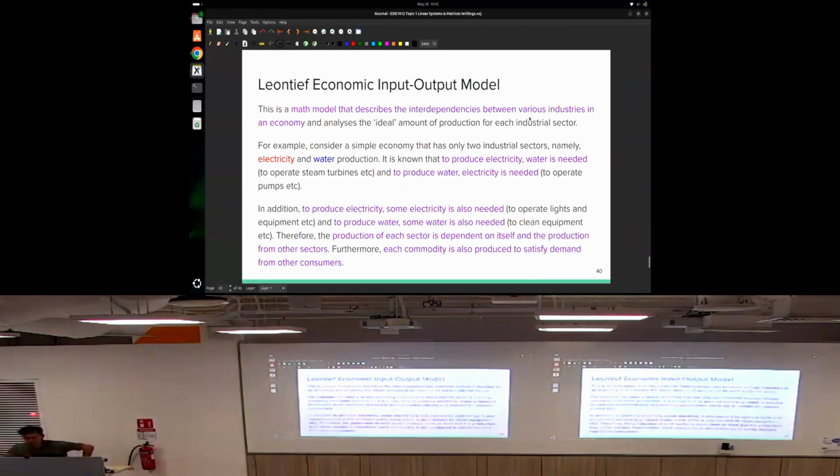But now what he did was invent or derive a math model that describes the interdependencies between various industries in an economy. His aim was to assess what is the ideal amount of production for each industrial sector. Because as you know, our industries are all interconnected.